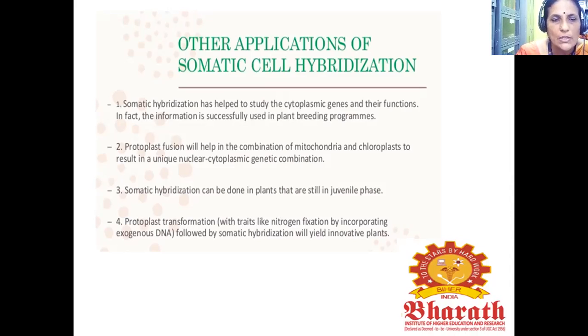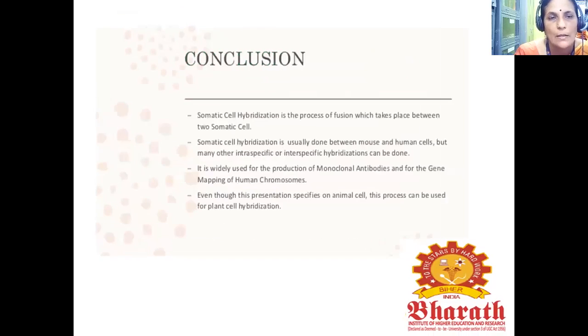And the third application is somatic hybridization can be done in plants that are still in juvenile phase. And the fourth one is protoplast transformation with traits like nitrogen fixation by incorporating exogenous DNA, followed by somatic hybridization, will yield innovative plants.